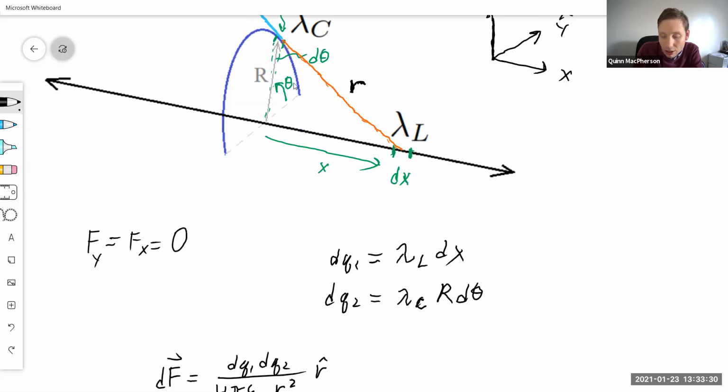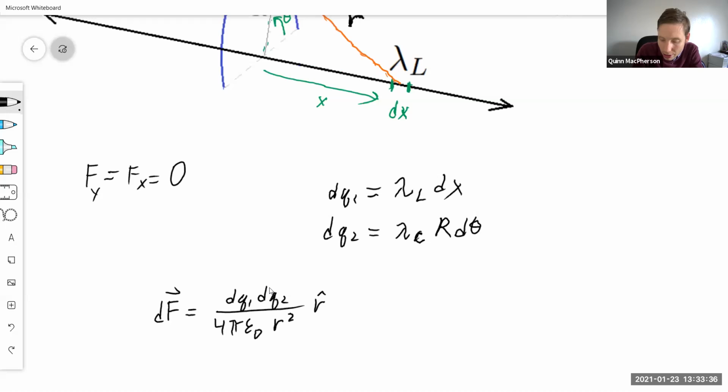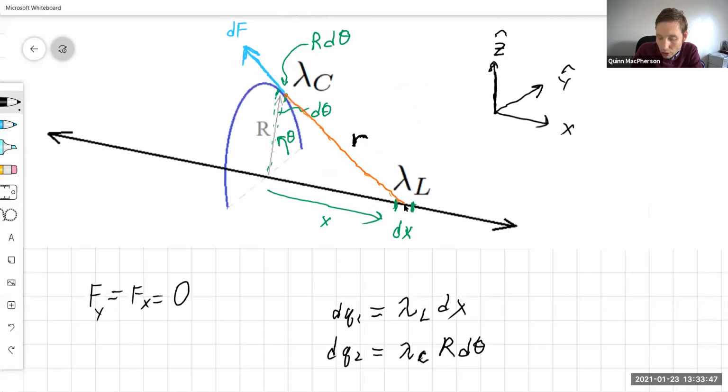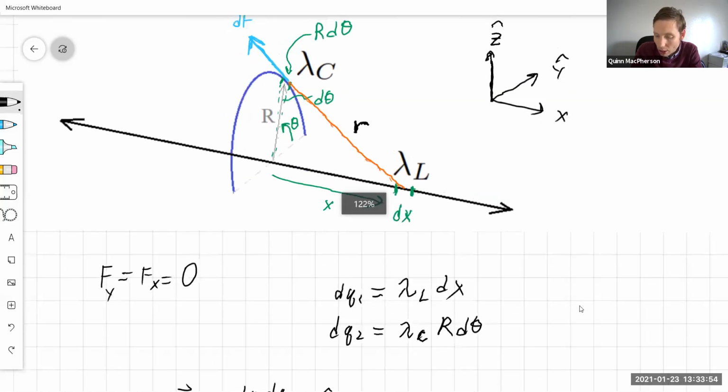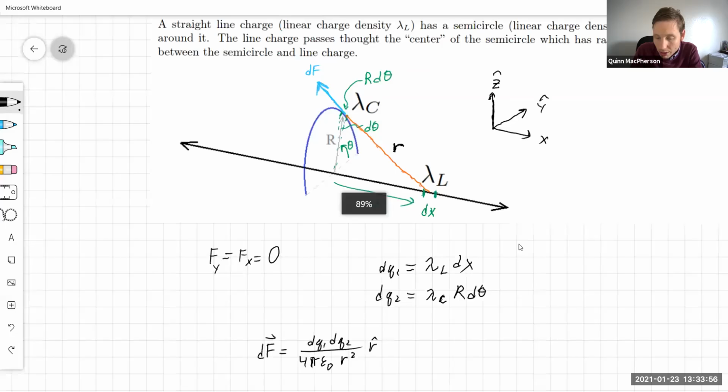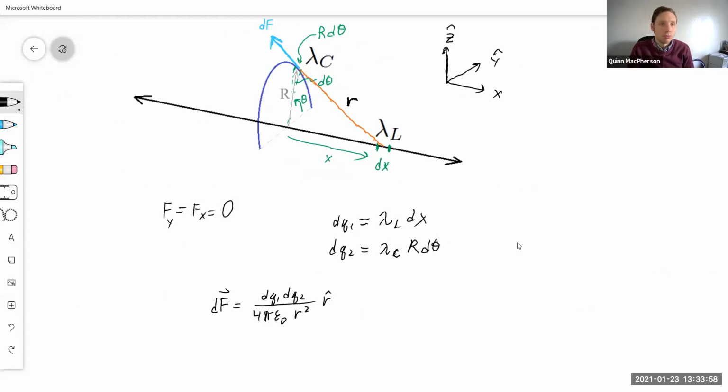Note that r is not the same thing as capital R, which is the radius. This is the differential force of those two little segments. It's a vector that points directly away from this little chunk, off in some bizarre direction. We only want the component in the z direction, because the other ones will cancel.